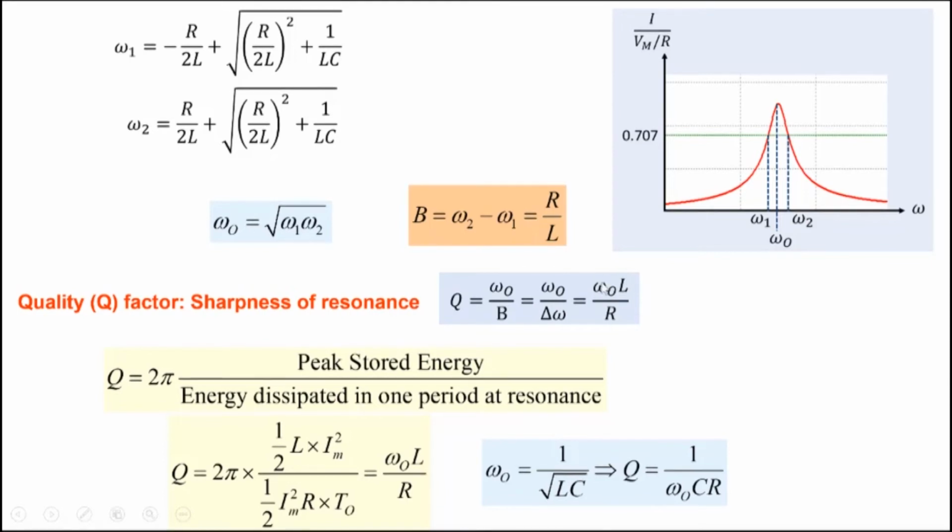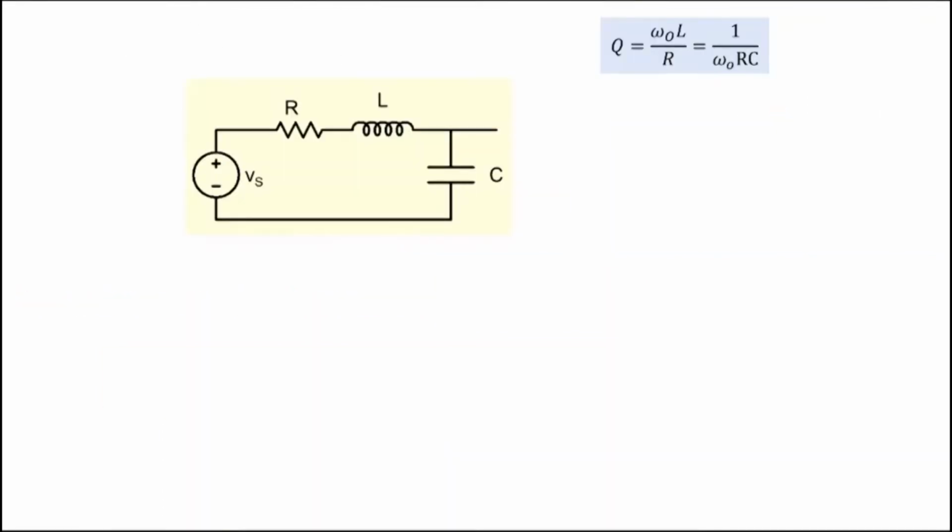This is the reactance of the inductor, and 1 over omega naught C is the reactance of the capacitor. So the reactances have to be much larger than the resistance in the circuit. That is kind of obvious: this is the reactance part and this is the resistor part.